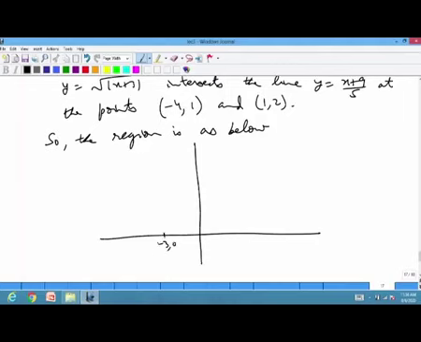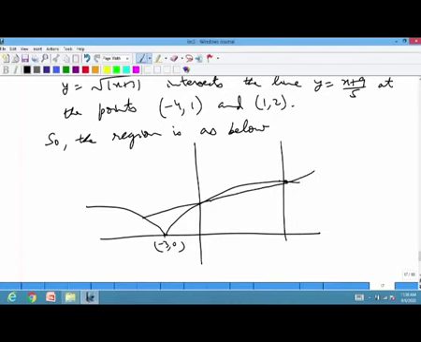We have this is minus 3 comma 0, this is the intersection 6 comma 3, this is the line y equal to (x plus 9) by 5, this is x equal to 6, and this is y equal to f x.